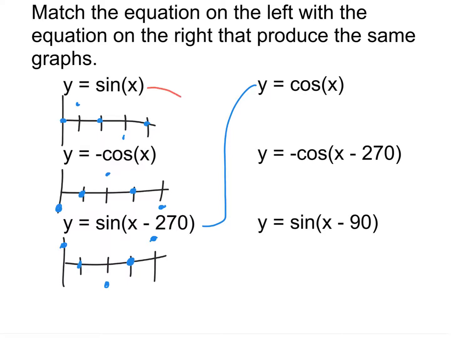And so that's actually the same as sine of x. And then finally, process of elimination. Yes, I could tell you what the last one is, but we even could figure it out without that, because sine of x minus 90, that means at 90 degrees it's starting at 0. And then it's going up from there. And so that's how we can see that that's the same as negative cosine of x.